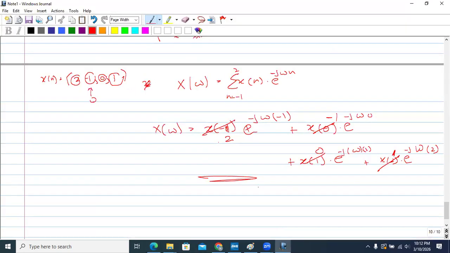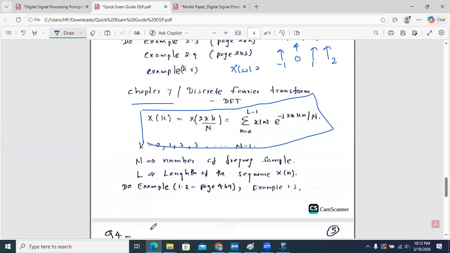I will write it here. So Xk is equal to, so very easy. Okay, this time the paper is very easy.